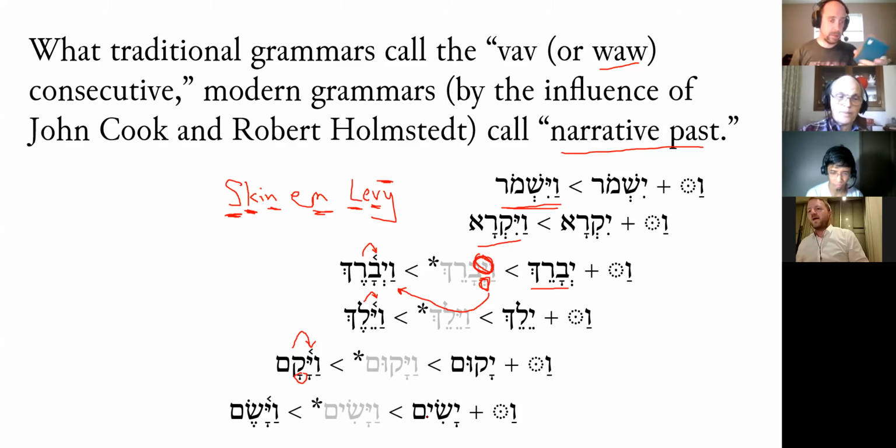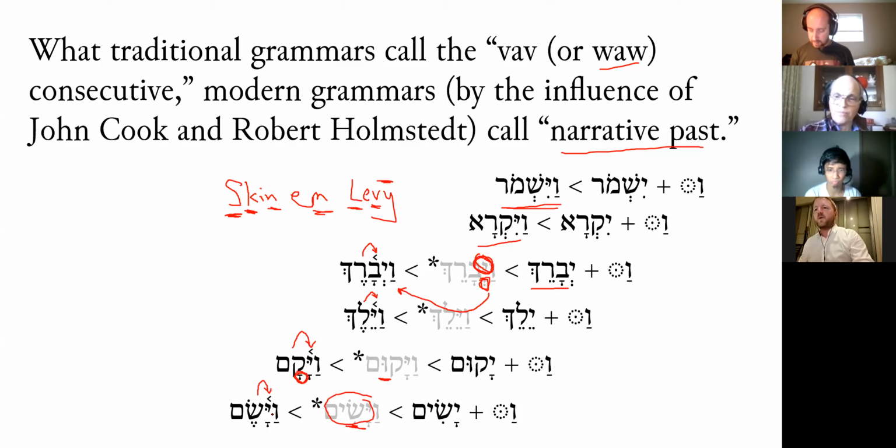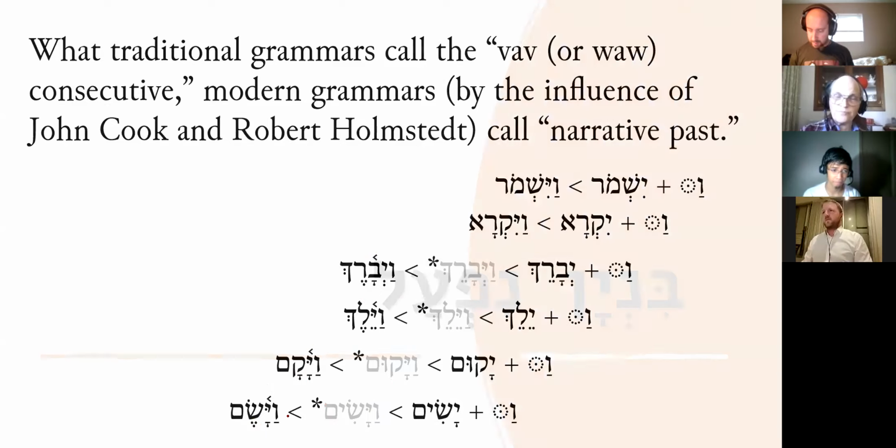Vayasim, yasim means he will put. Theoretically vayasim, but the accent shifts and we get vayasem. So we're going to see that the i vowel here becomes e when the accent shifts. Okay, just for recognition. You don't need to know how this works. Just kind of recognition because it's in our readings a lot.